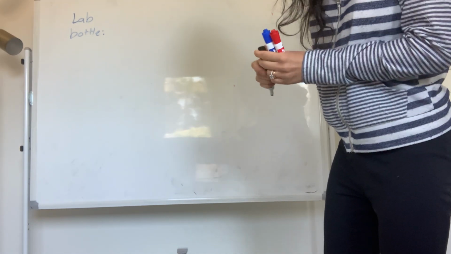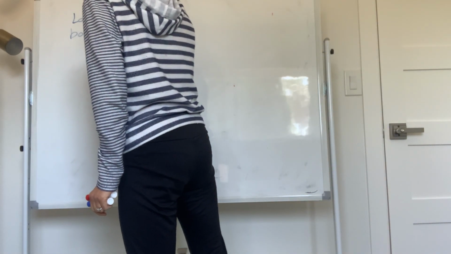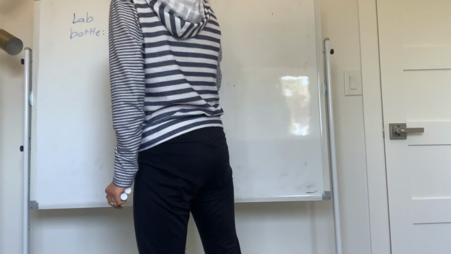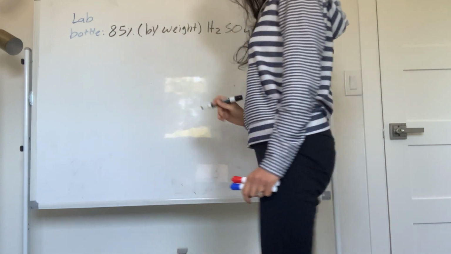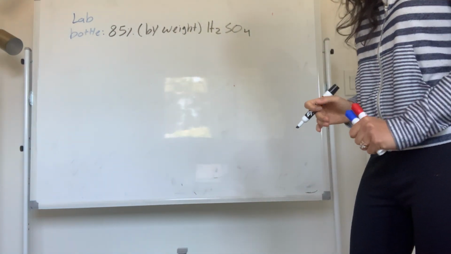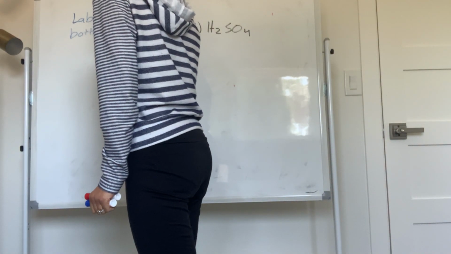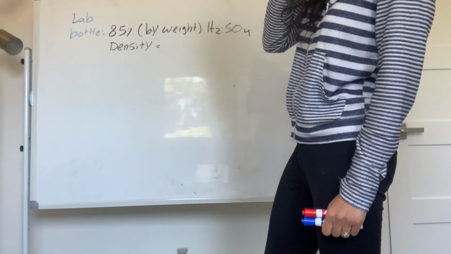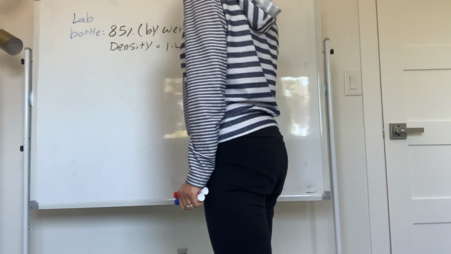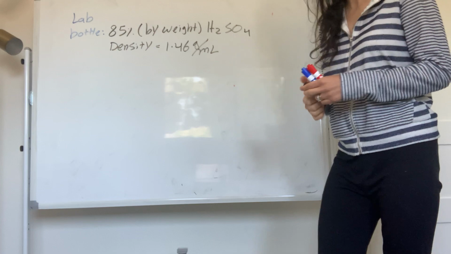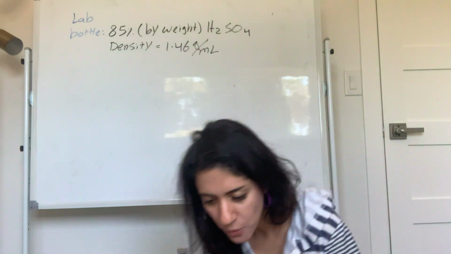And in that bottle, it says 85% by weight H2SO4, which is sulfuric acid. And also it says the density of this 85% sulfuric acid is 1.46 grams per mL. Okay, so I'm going to go to lab, and in my lab there is a bottle of sulfuric acid. It says 85% by weight.